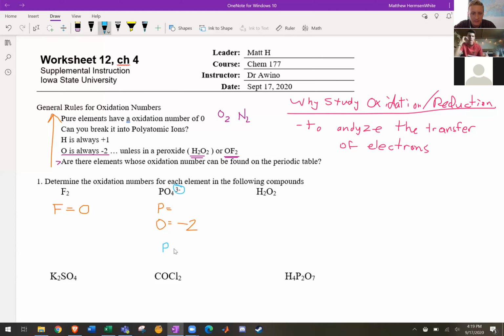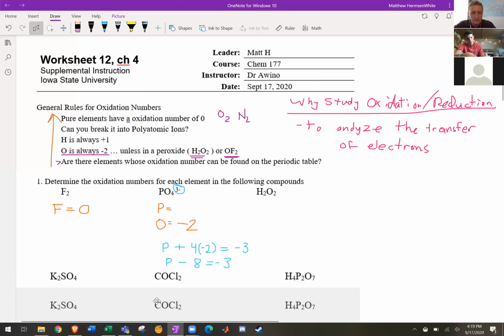So what I'm going to do is do kind of like an equation. We have 1 phosphorus, we have 4 oxygens, and each of the oxygens we said was -2. And the overall charge of this molecule has to equal -3, because -3 is the charge on this molecule. So here we're going to have P - 8 equals -3.